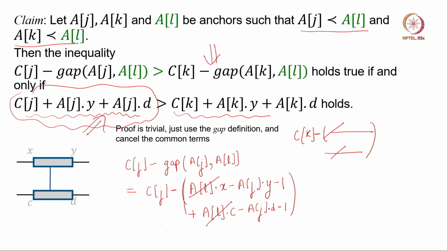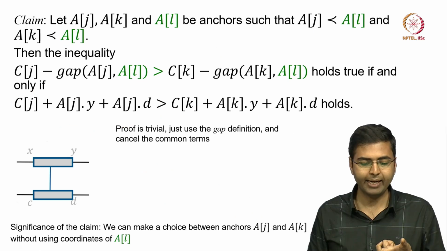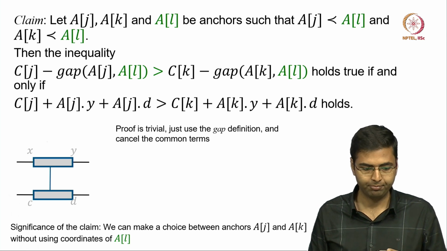We can set a priority based on the coordinates of that anchor only, because we only need to know these y and d coordinates and the score of that anchor to know whether that anchor would be chosen or not. Again, the significance of the claim is that we can make a choice between anchors Aj and Ak without using the coordinates of anchor Al.